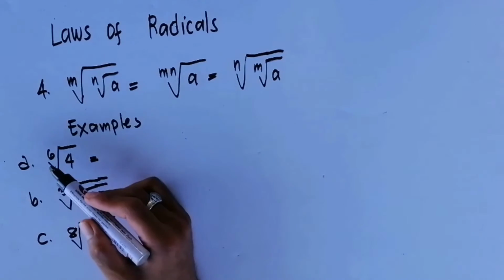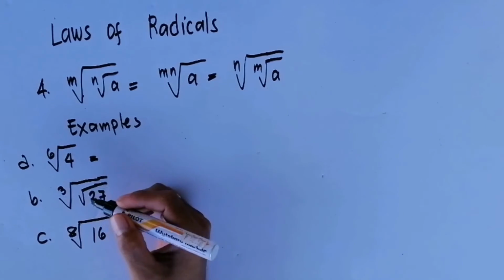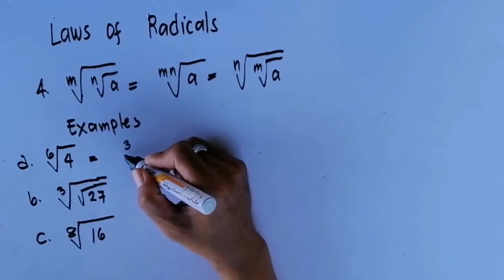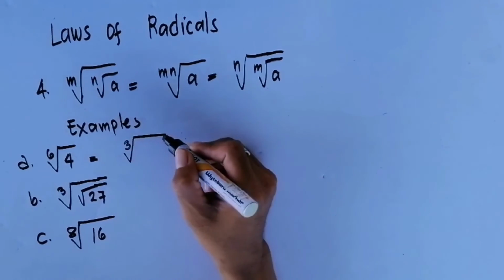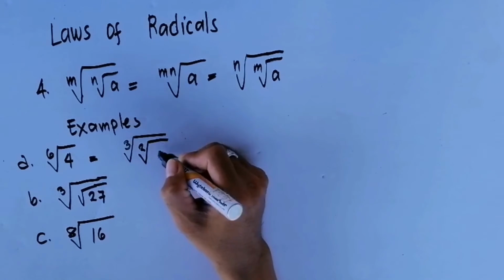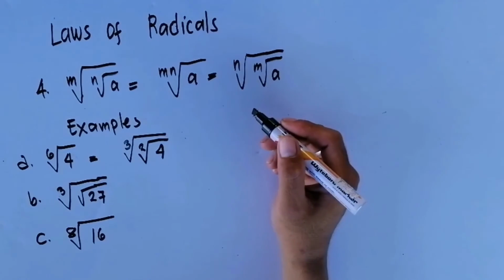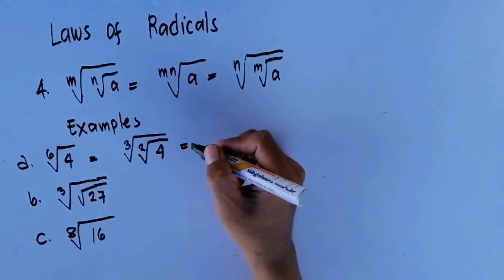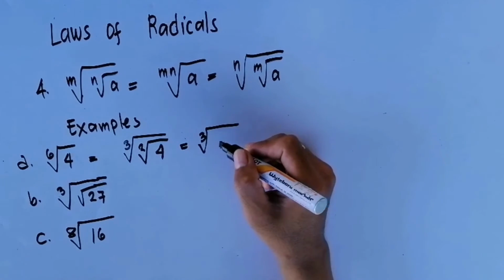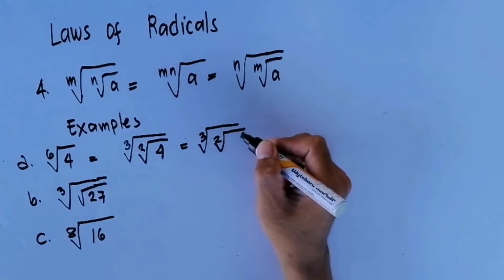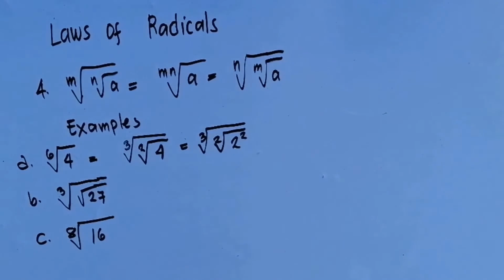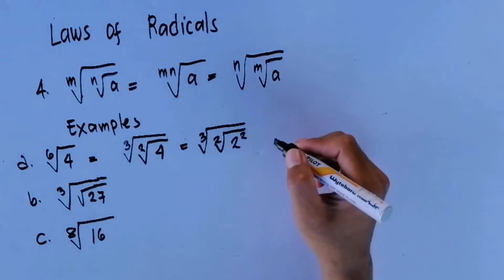So we can write this 6th root as the cube root of the square root of 4, or that is the cube root of the square root of 2 raised to 2.